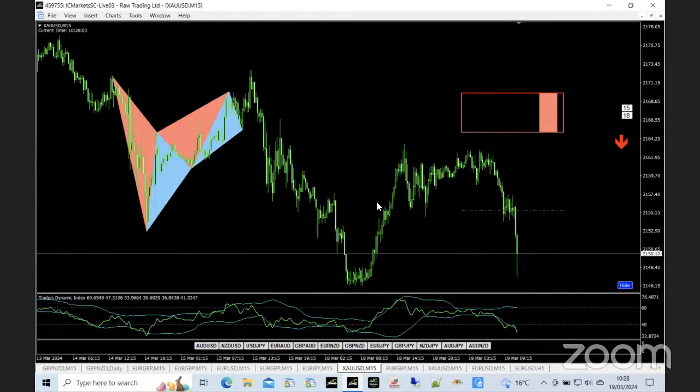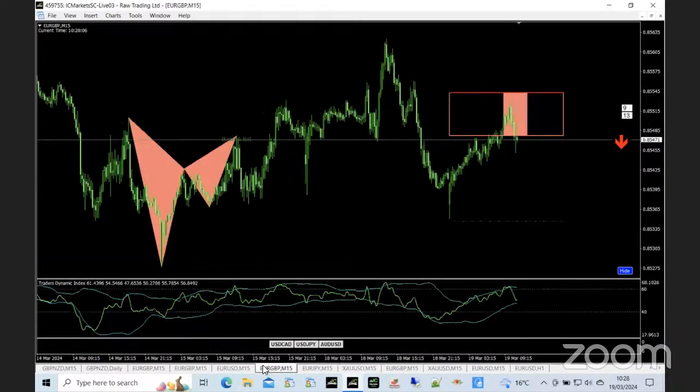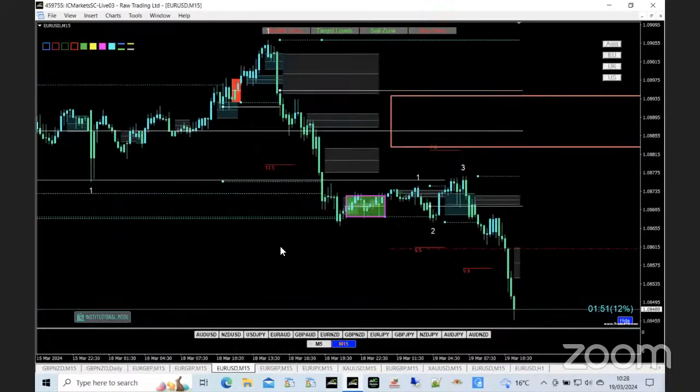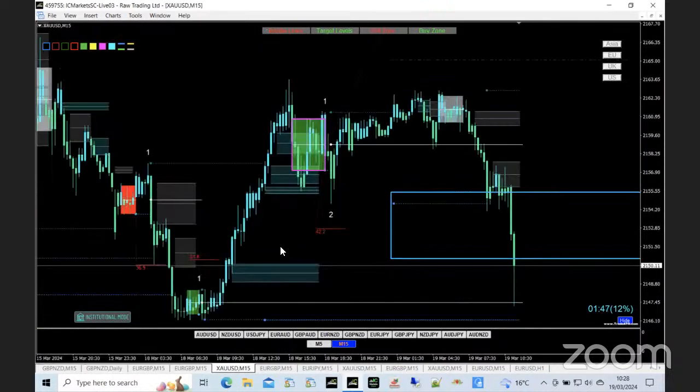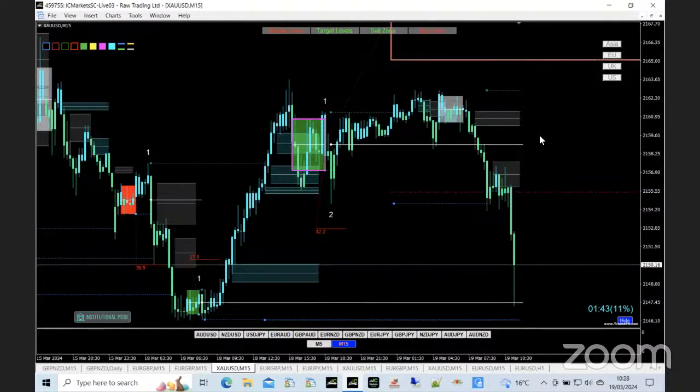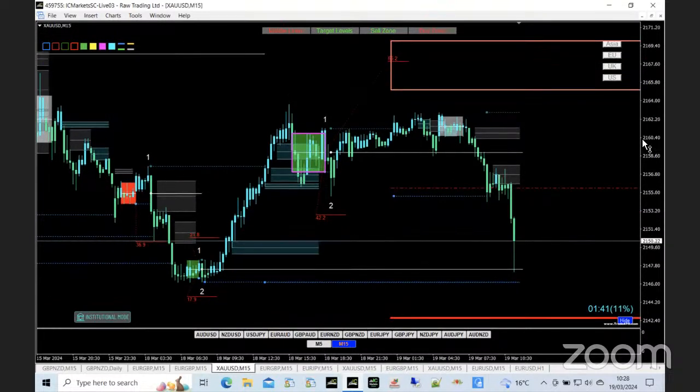However, if we also go to the one which we have here and put XAU USD, okay, it's telling us that we can sell. Why? Because this is the contraction box. It's telling us that there is a contraction.